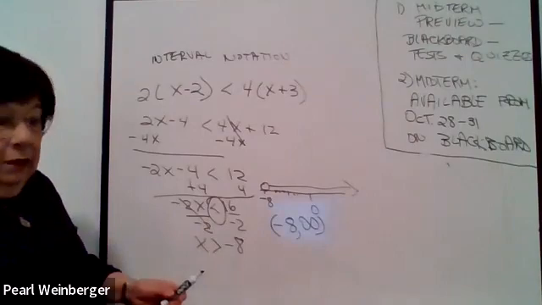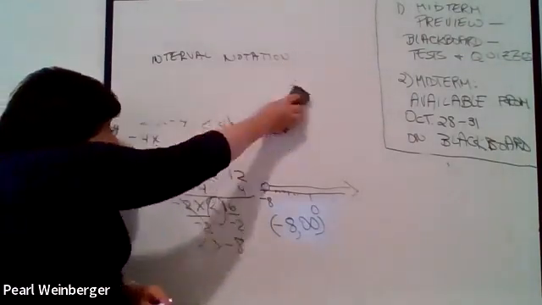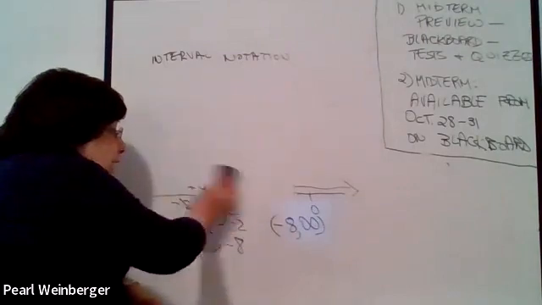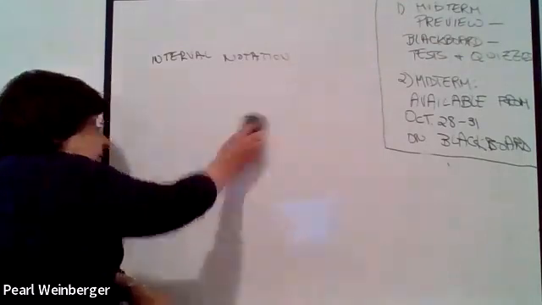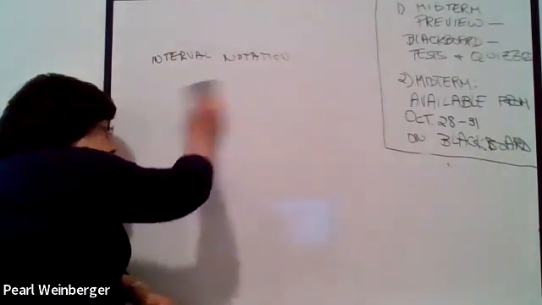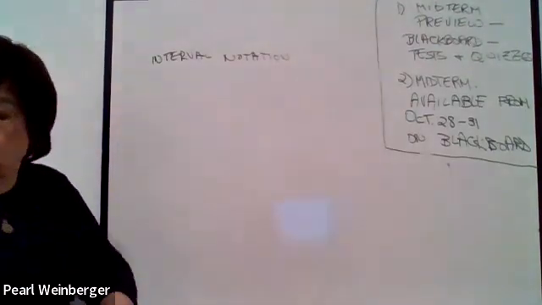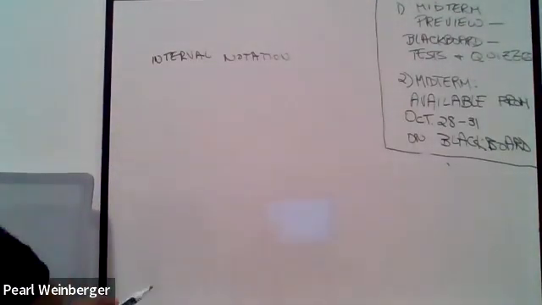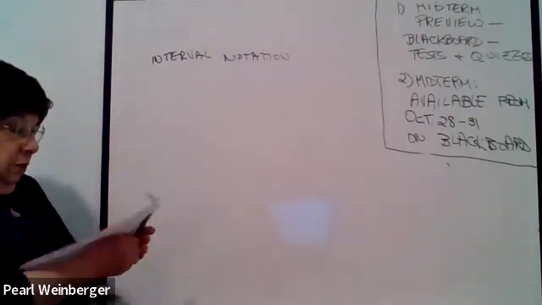Let's remind ourselves also, we could have something called a double inequality or a compound inequality, something that looks like this.